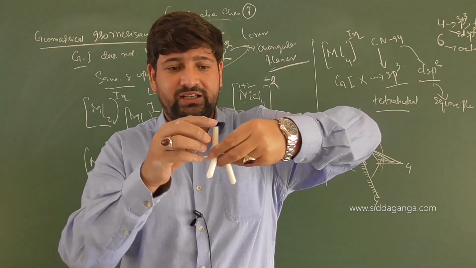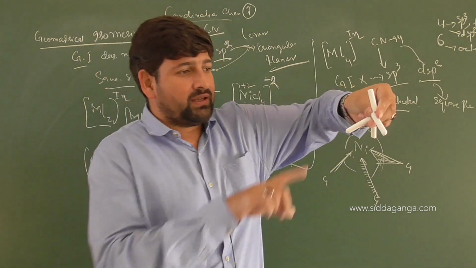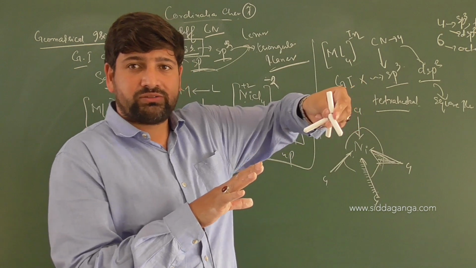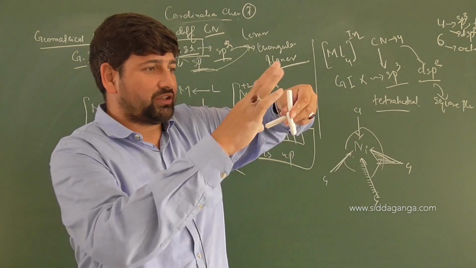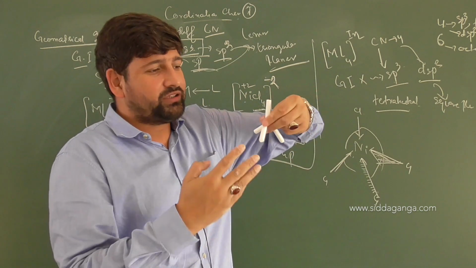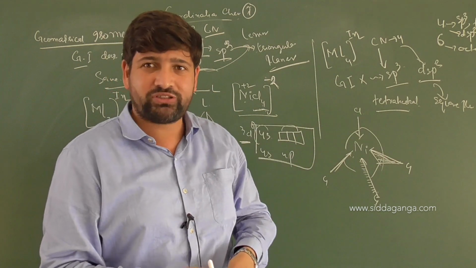Look at this in the general way. So here, if you look at any two bonds, these two bonds, or these two bonds, or these two bonds, they are adjacent. So there is no question of being on the same side or opposite side.